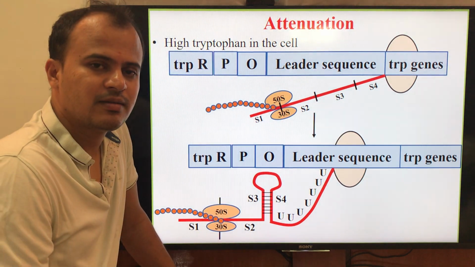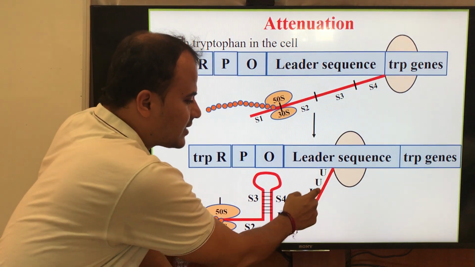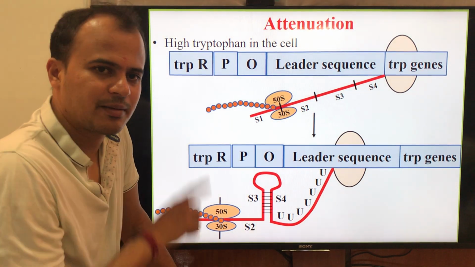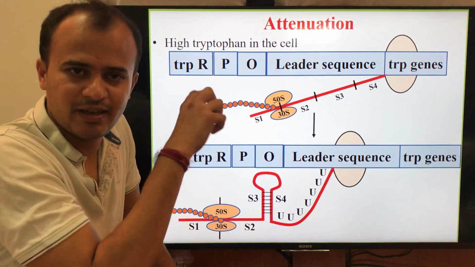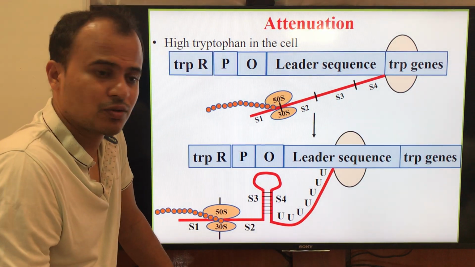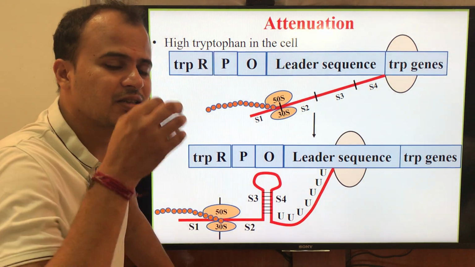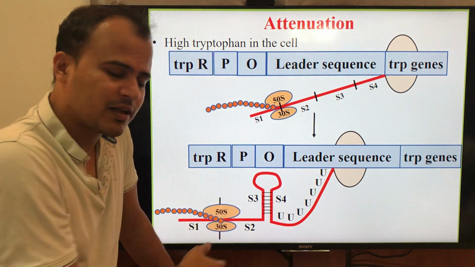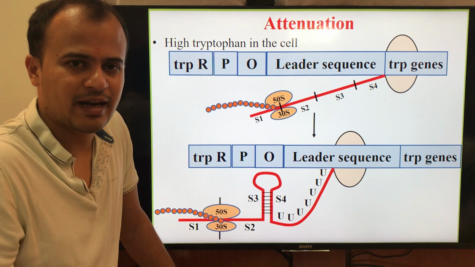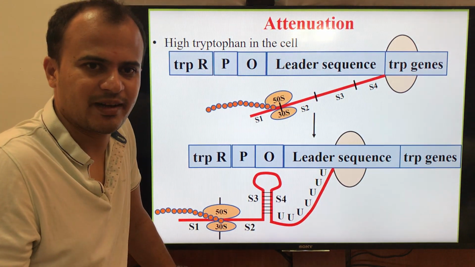Immediately after segment 4, there are 7 uracil residues in the RNA. That means 7 adenosine residues in the template DNA give rise to 7 uracil residues. So a stem loop structure followed by 7 uracil residues is a clear signature for the RNA polymerase to stop its activity. So immediately RNA polymerase stops its activity.